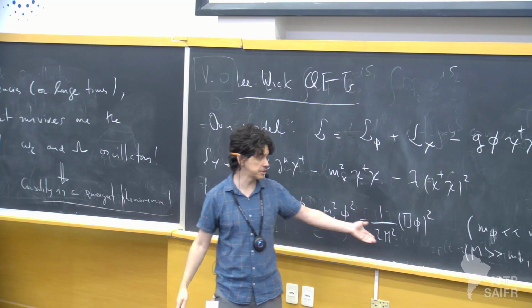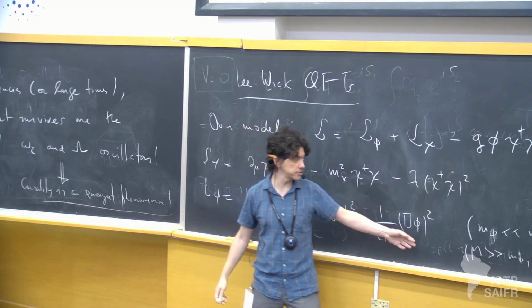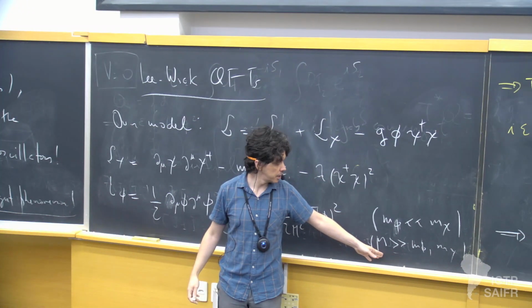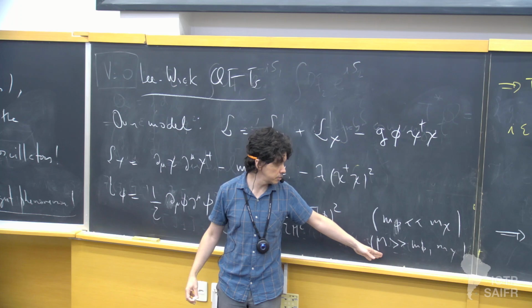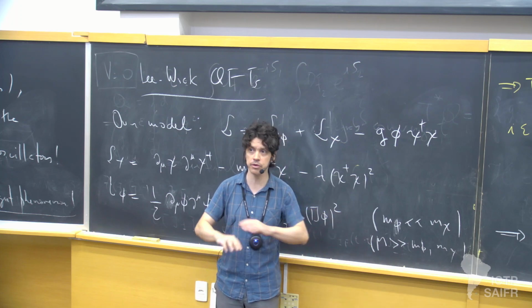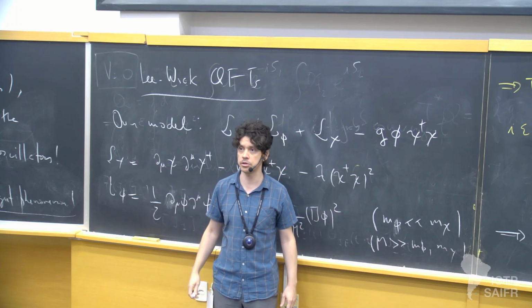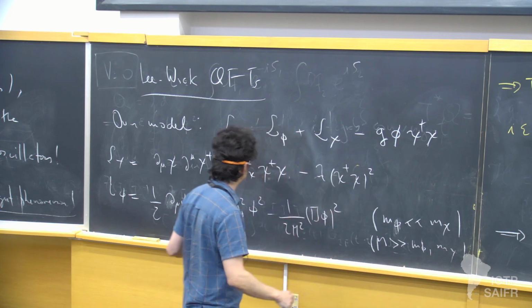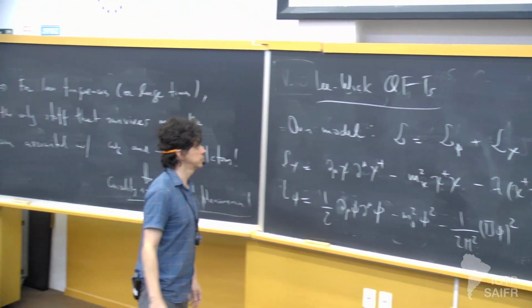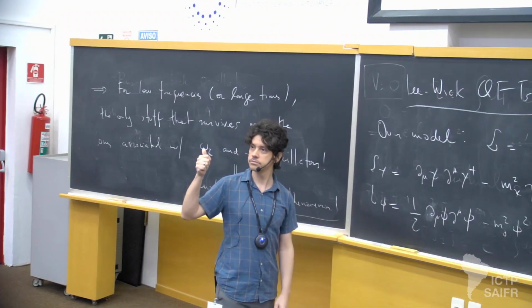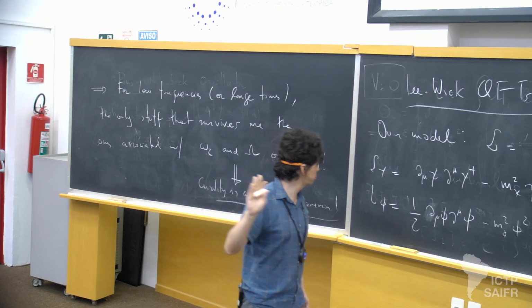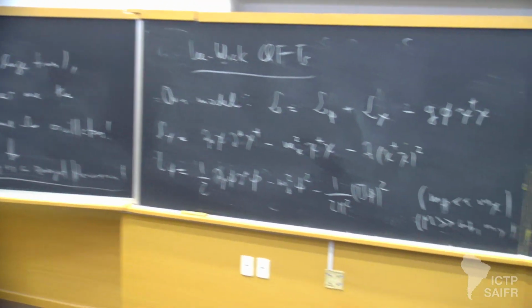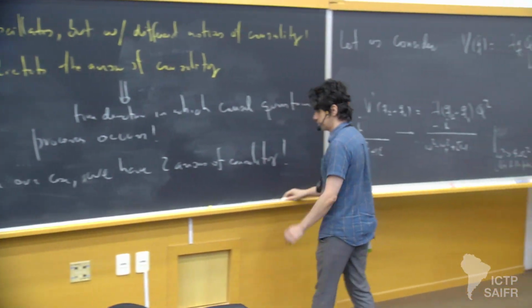So it's the same as here. I'm going to consider this guy here as setting an energy scale much greater than any other energy scale that you can consider in the problem. So that's the idea. Okay, no problem. That's my model, let's try to study it.